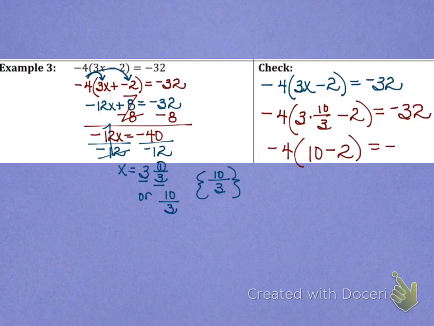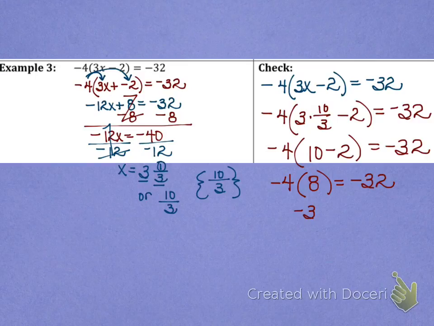Minus the 2 equal to negative 32. And then I've got negative 4 times 10 minus 2 gives me 8. So we're going to get negative 32 equal to negative 32 on both sides.